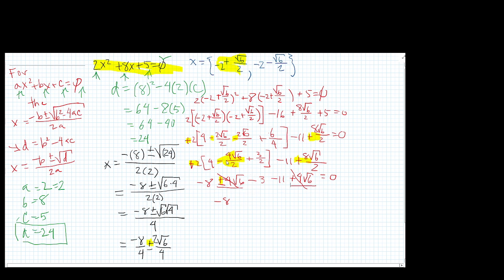The only part that is messed up now is 2 times 4 should be positive 8. And 2 times 3 over 2 should be positive 3, which yields a positive 11.